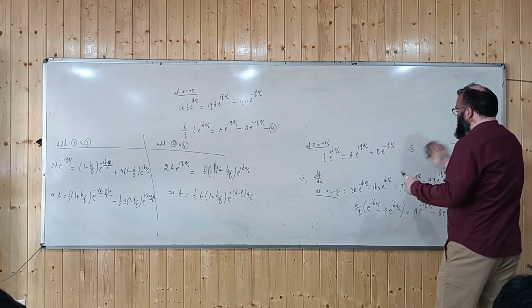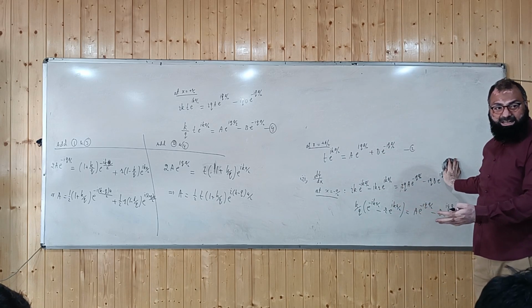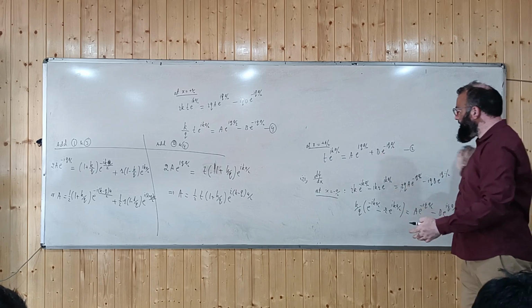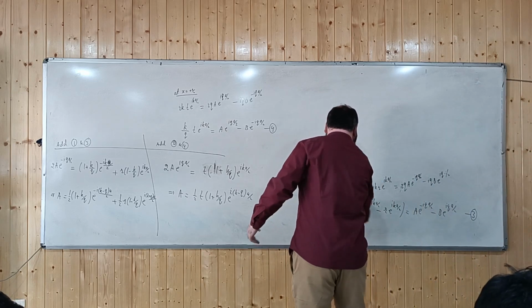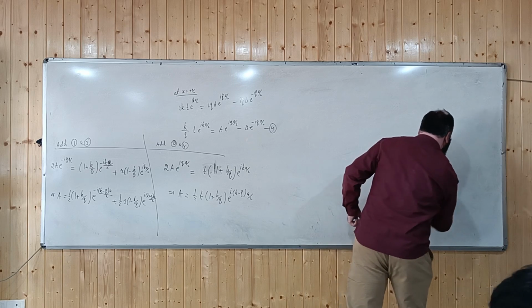So this is from addition. Now if you do the subtraction, you will get B. So you will eliminate B; I am eliminating A here. I'll write those things directly.